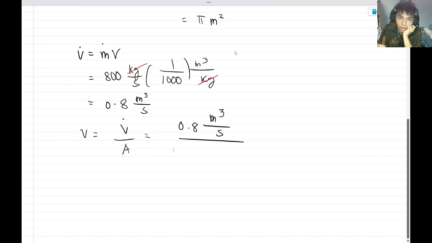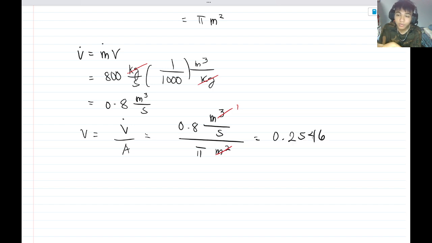And then we have pi meter squared. Okay? And then ito makakancel. This will be just 1 now. So it's meters per second. Okay? And 0.8 divided by pi, just put it into your calculator and you will have your answer. 0.2546 meters per second. This is your velocity.